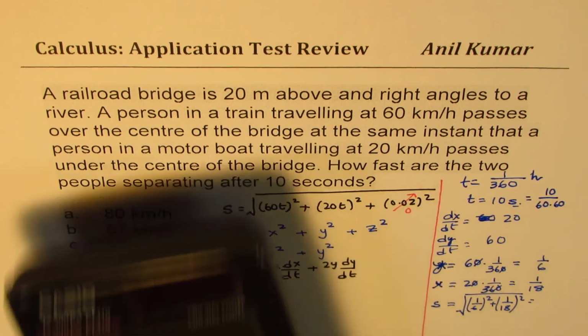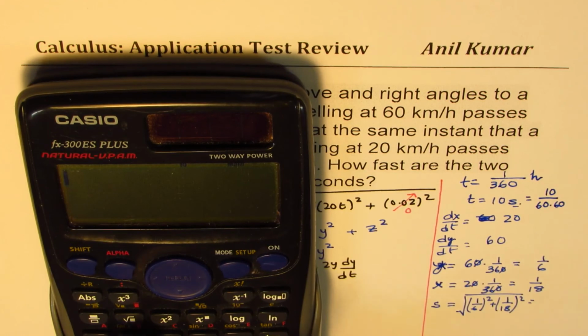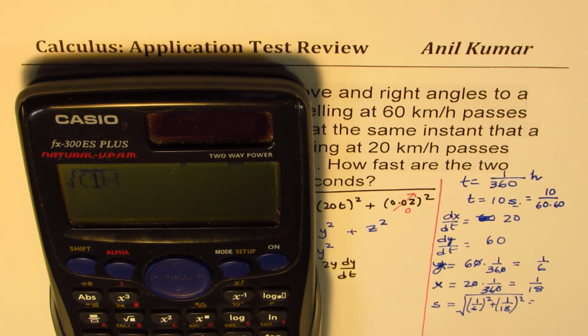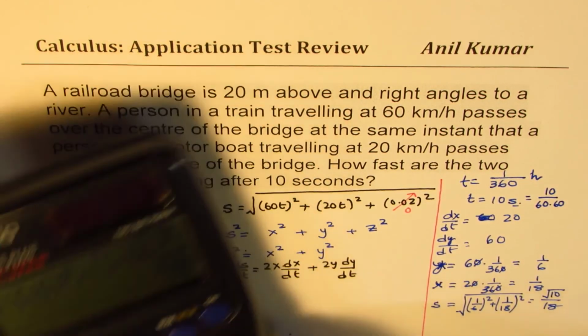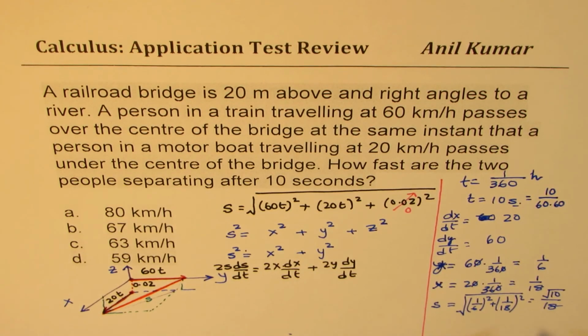Let's use a calculator to find this answer. The square root of 1 divided by 6 squared plus 1 divided by 18 squared is equal to square root 10 over 18. Is it okay? So we have found all these values.